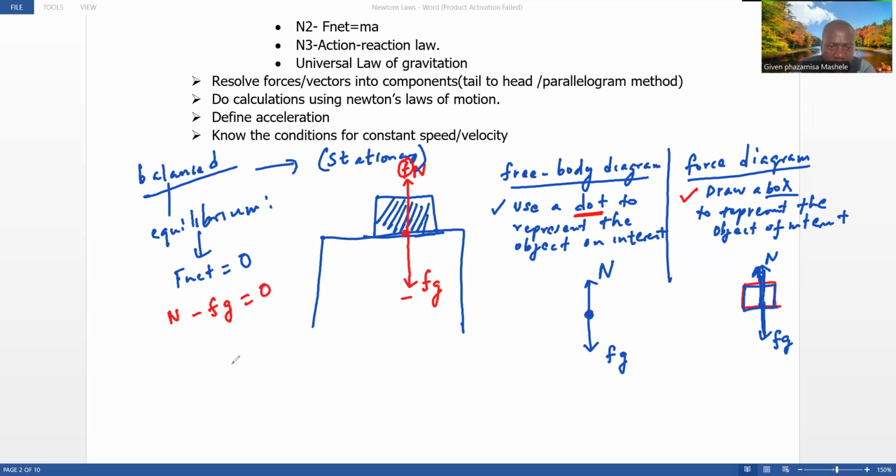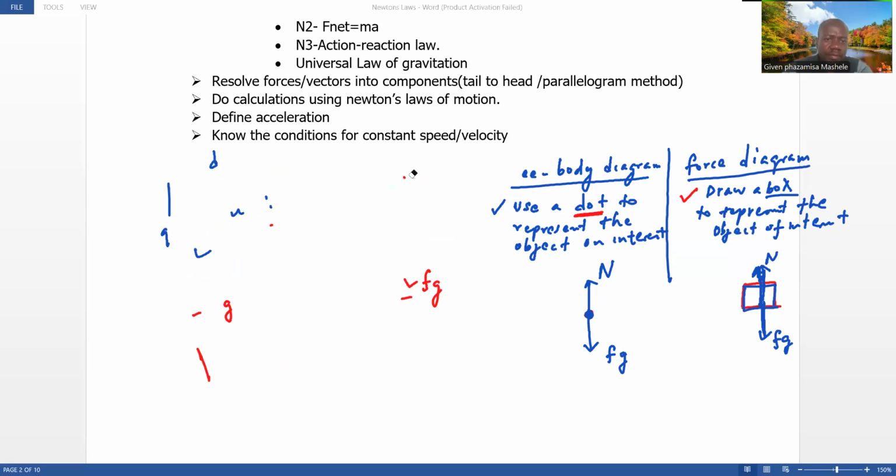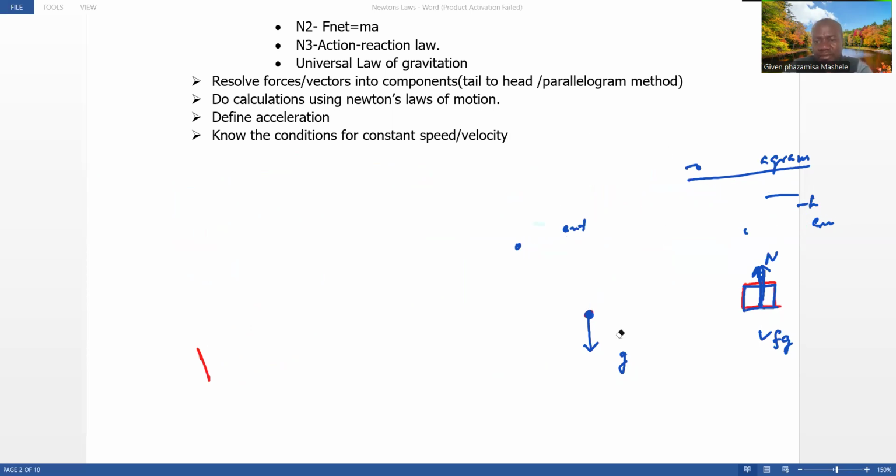What does this mean? It means the normal and FG are equal. When we say they're balanced, it means the upward force is equal to the downward force. We'll talk about this later. Let me not confuse you for now. All right, let's now move on. Now we are able to differentiate between a free body diagram and a force diagram.